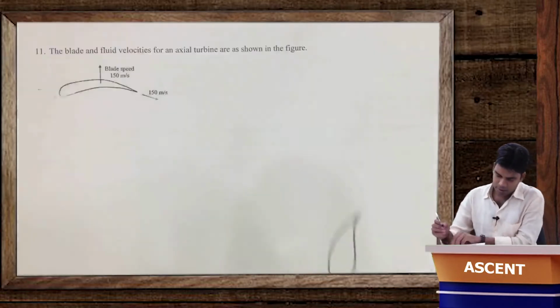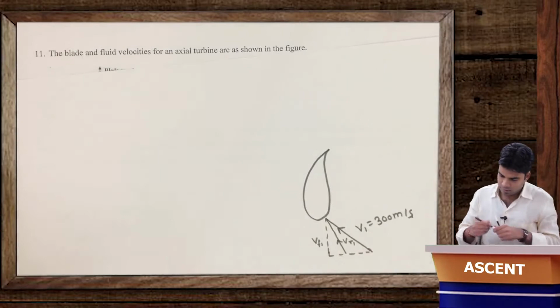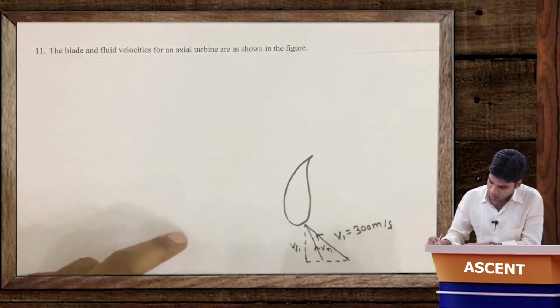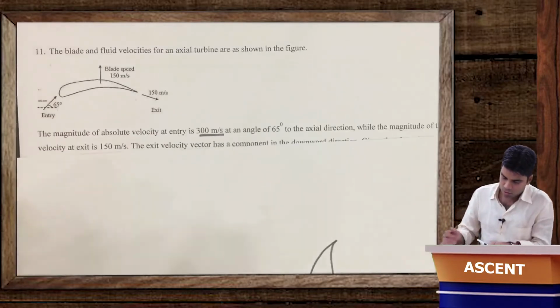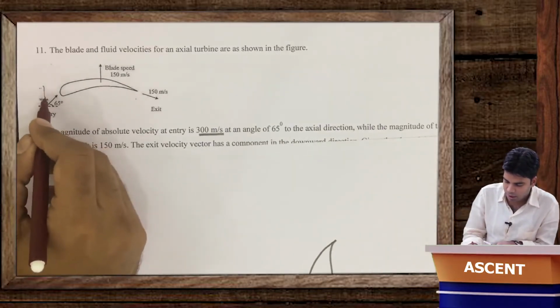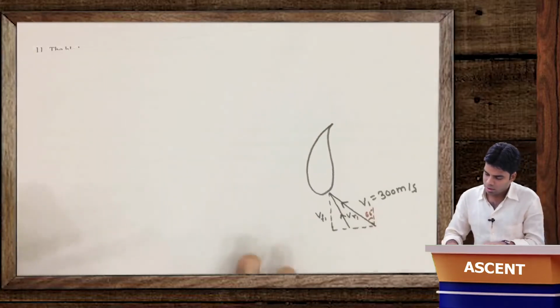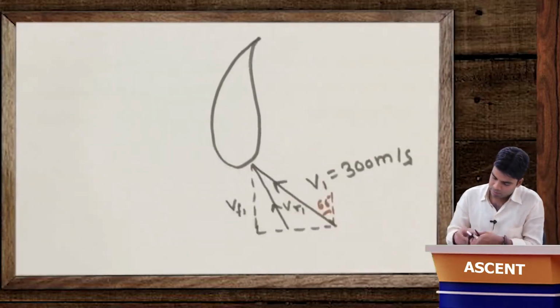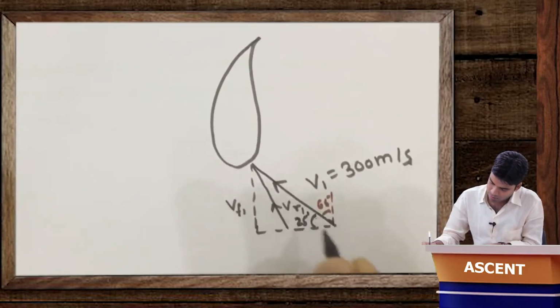Okay. And this angle is given as 65 degree. That means the angle with vertical, this angle is 65 degree. Getting this or not? So don't get confused with this. But we actually want this angle. Okay. So this angle is actually 25 degree. This angle is 25 degree, alpha.